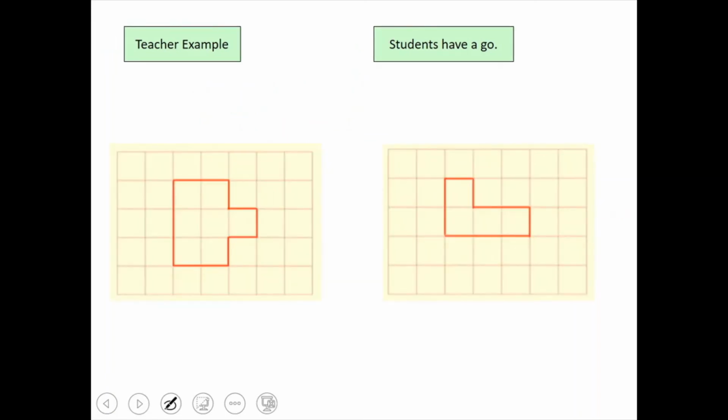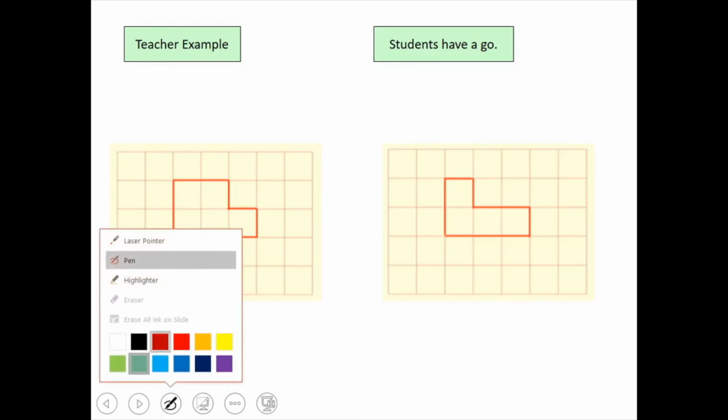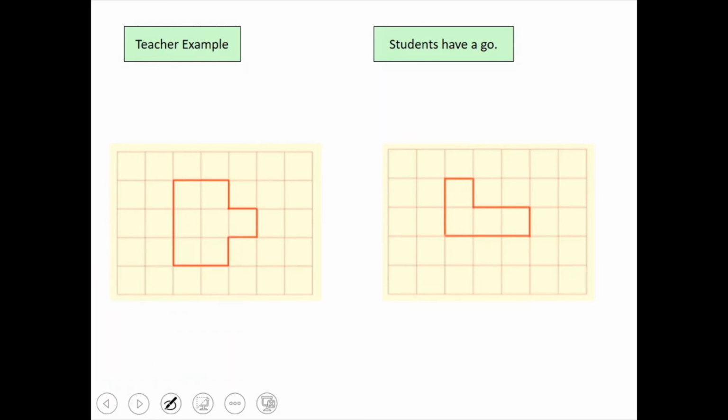Moving on to the next example. Here we've got a shape that's a bit more complicated, but in essence we're still doing the exact same thing. So remember, perimeter is the distance around the shape. So we need to work out the distance there, there, there, all the way around the shape.